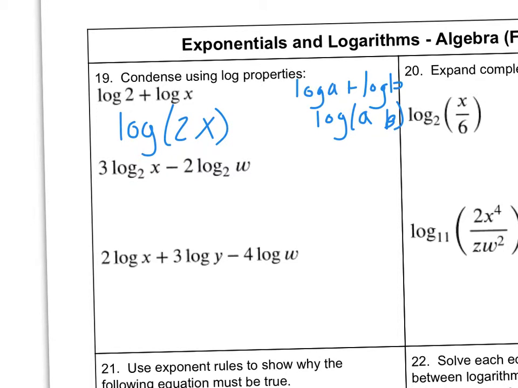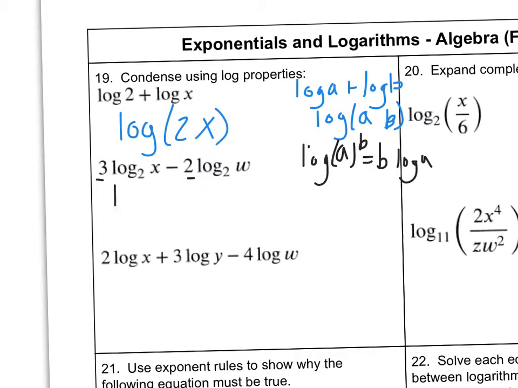The second one's combining 2 different rules. The first rule that we got to deal with is if I have numbers being multiplied out front. We talked about this as log of a to the b power is the same thing as b times log of a. The big idea there was that this is a power to a power.